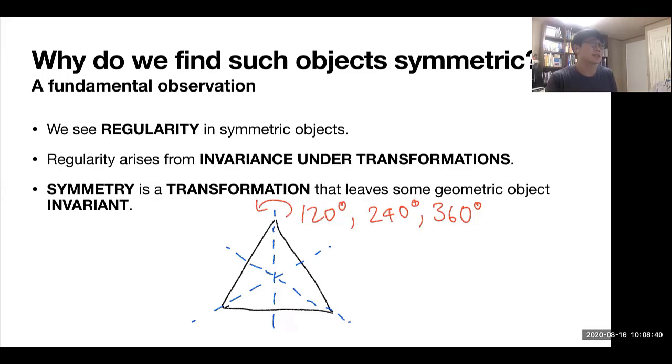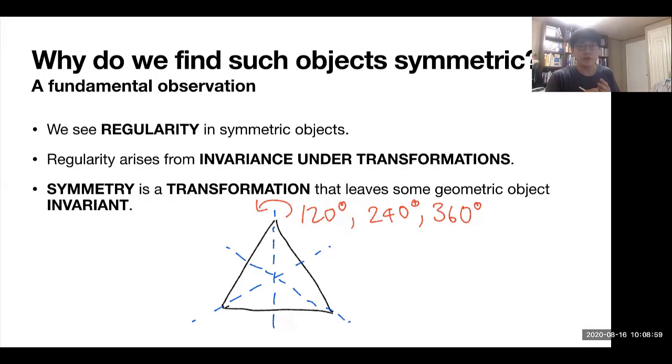So that's the key observation here: regularity means that you have some sort of extra structure to your object. And this extra structure allows you to have more transformations that leave that structure invariant.